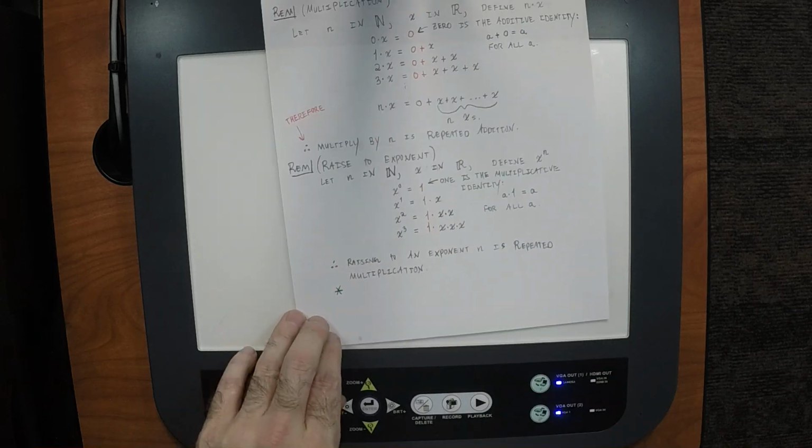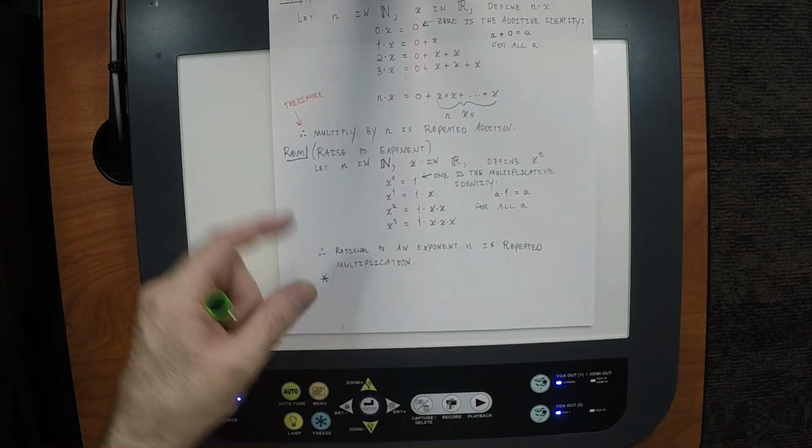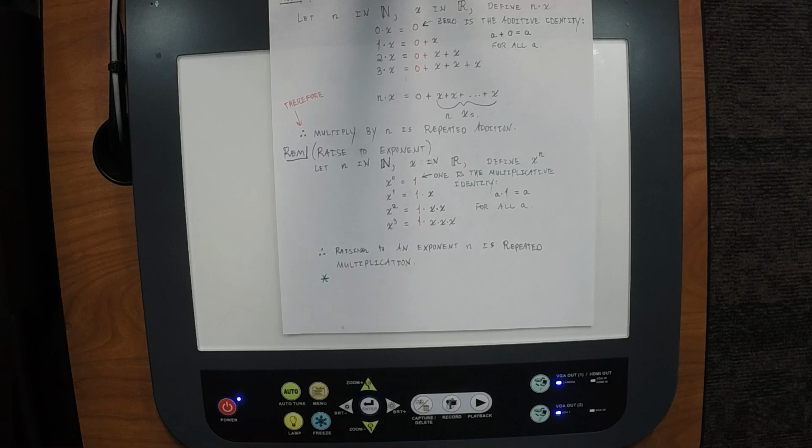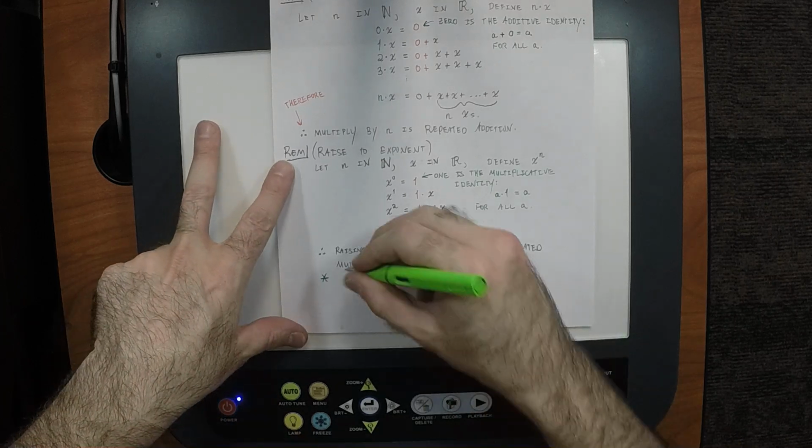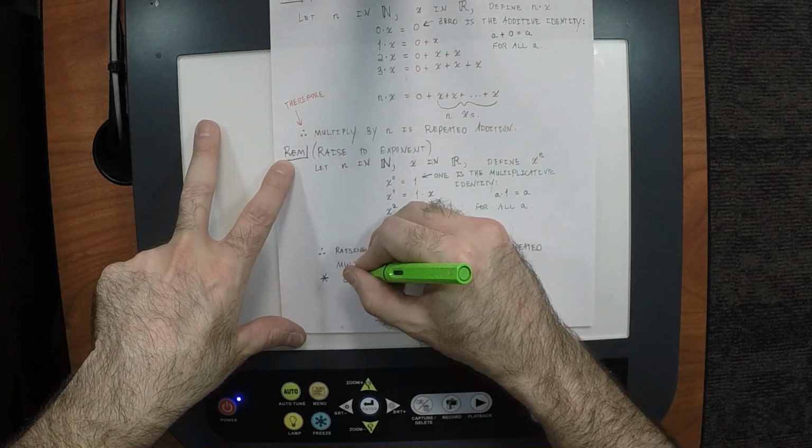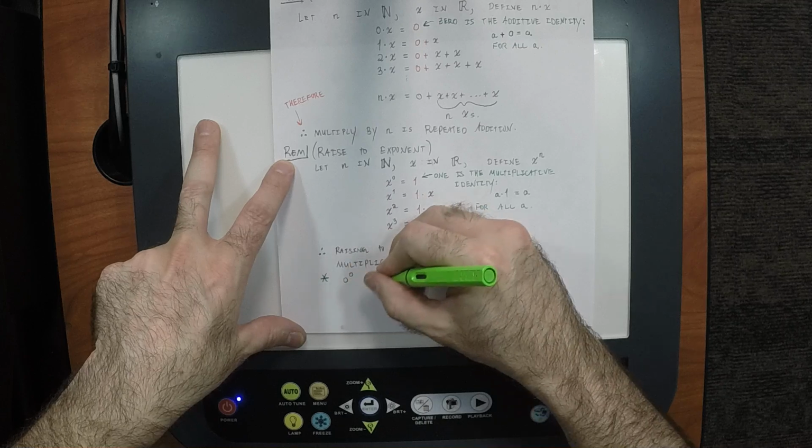Now I have to put an asterisk here, because there's one more piece to the story, and that is you can't divide by 0. Like 8 divided by 0 is not defined. Not all arithmetic expressions are defined, and division by zero is such an example. And another one is that 0 to exponent 0 is not defined.